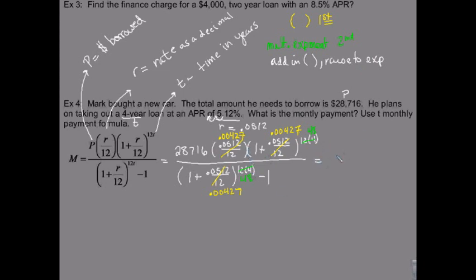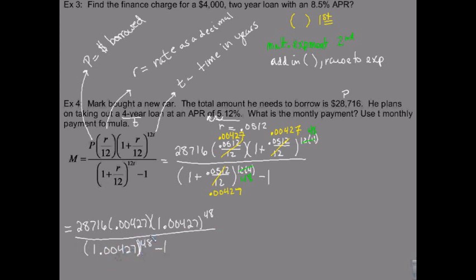Okay, so I added 1 plus 0.0 whatever. That's just 1.0 whatever.